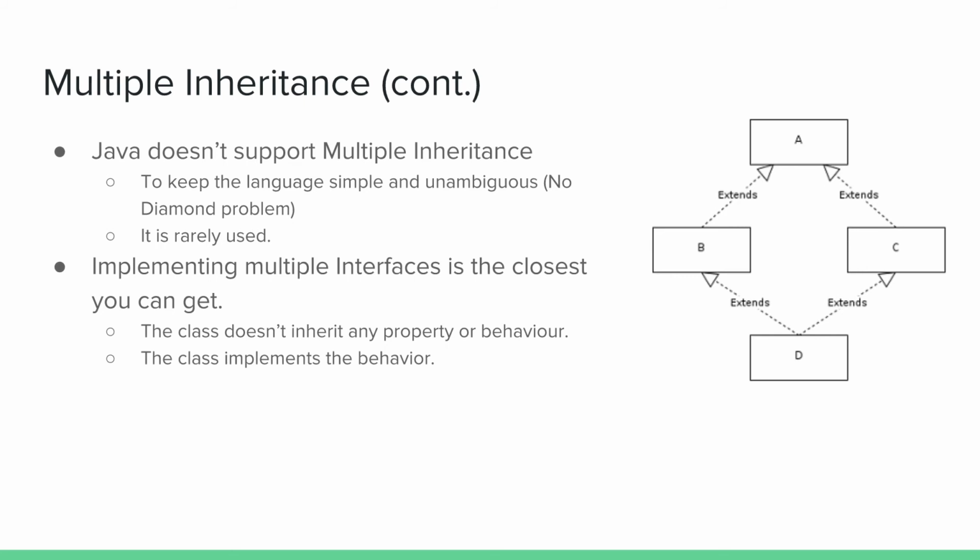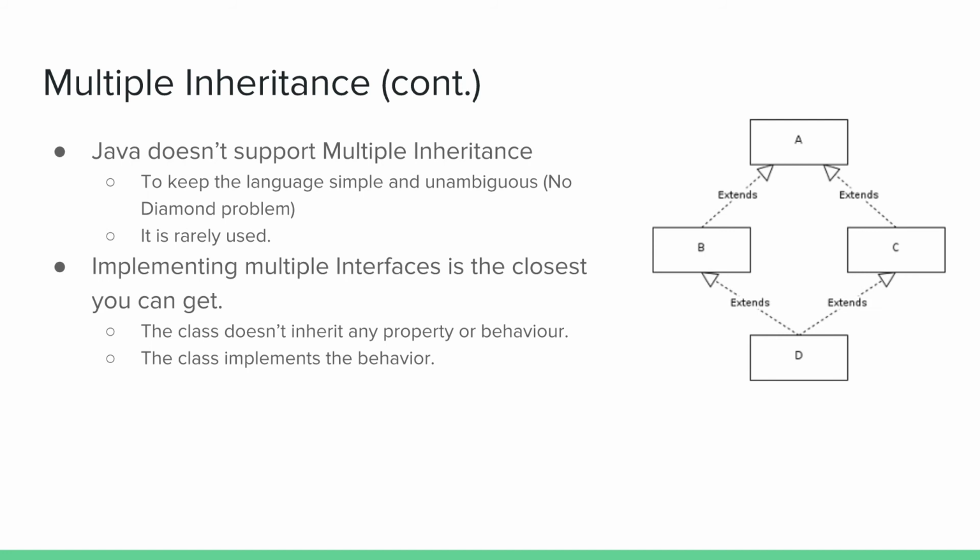Although we can get somewhat close to this concept of multiple inheritance through the use of interfaces, as an interface only defines what that class does and not how it achieves it. That is, it does not tell you the implementation, it just tells you that there is going to be this feature.